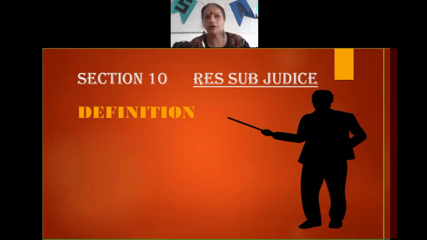Or one of the parties makes the previous court aware that the party has again filed a suit in the other court, wherein the other court is also competent to try the matter.